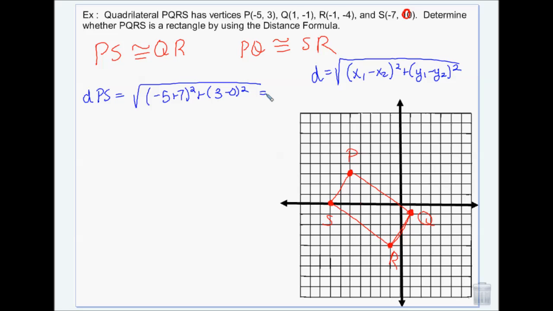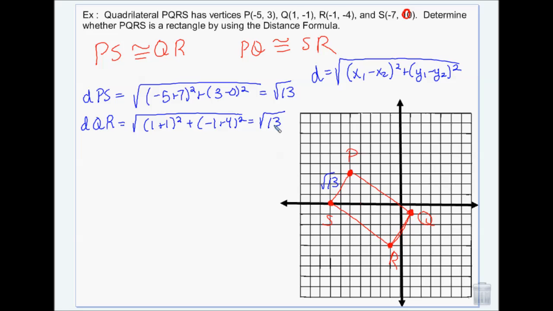And when I work that out, I'm going to get the square root of 13. That's PS. And then the distance of QR, I have 1 plus 1 squared plus negative 1 plus 4 squared, square root of 13.